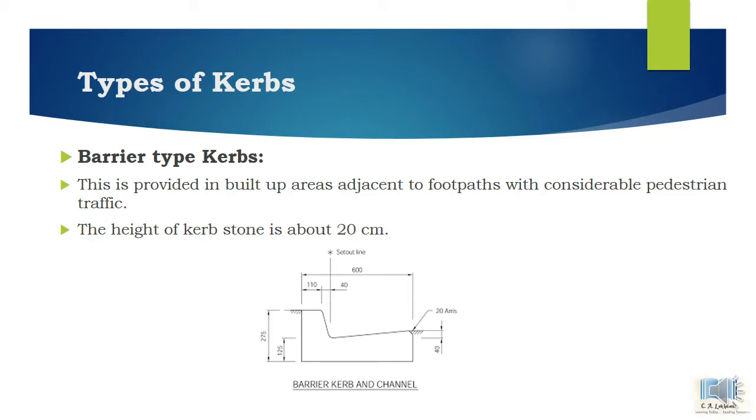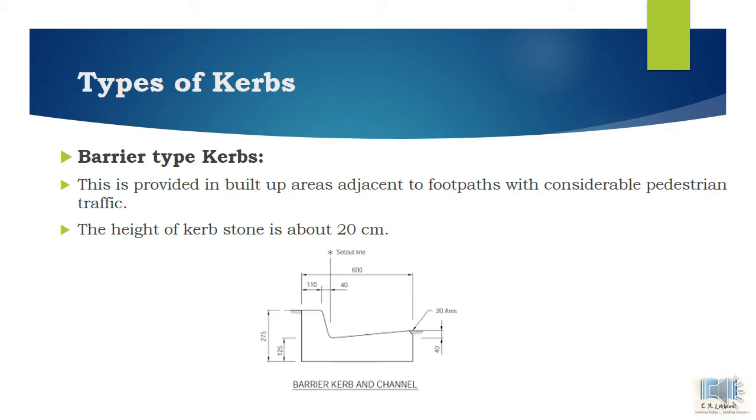Then the third type of curb is the barrier type curb. This is provided in built up areas adjacent to footpaths with considerable pedestrian traffic.